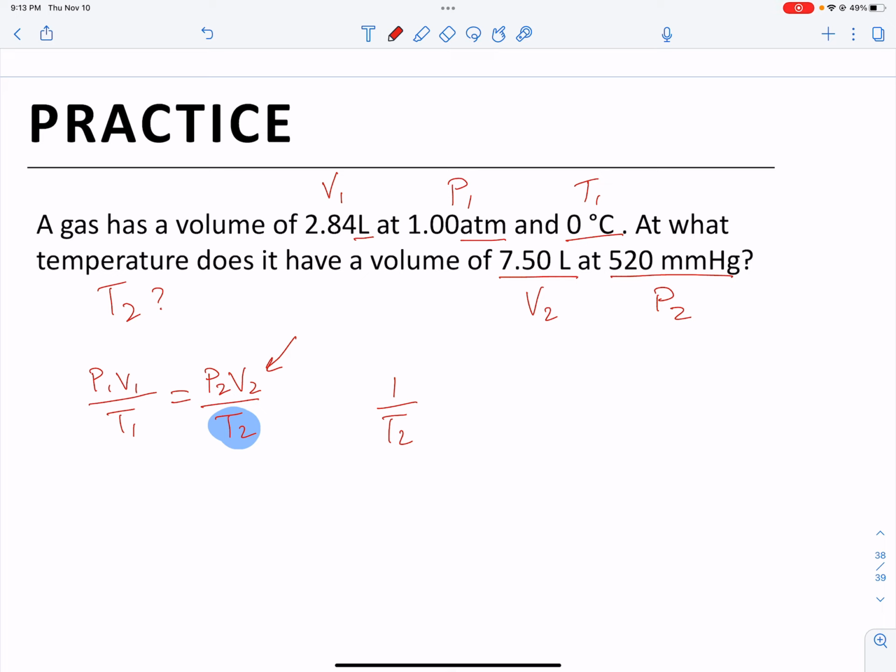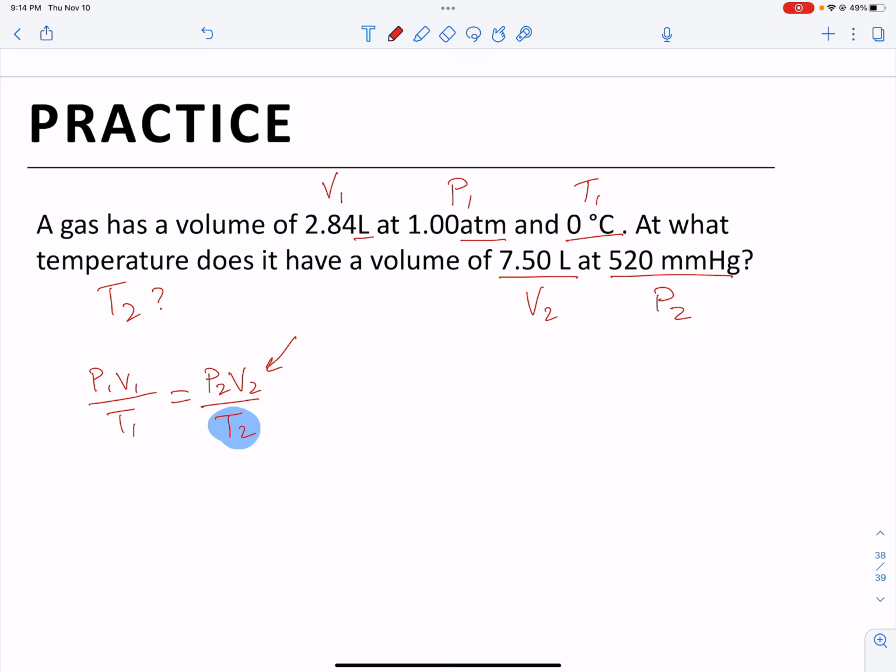So the first thing you have to do is always make sure the variable you're solving for is in a numerator position, that it's on top. You don't want to solve for 1 over T2. You want T2 over 1, which is just T2. You just want to solve for temperature. So here's the first thing you should do. You don't have to do this if you're solving for pressure or volume, because they're already on the top.